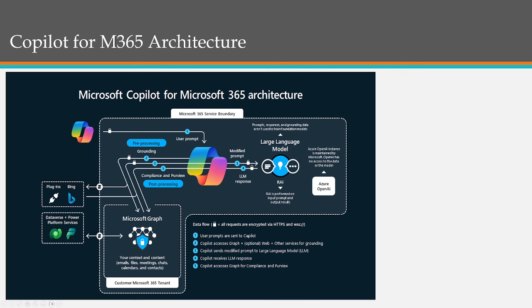That is step number one. Number two, it goes to the plugin or the internet. Then it goes to your Dataverse, which is a Dynamics 365 database. It searches all your emails or files. Is there any course management information? If not, it uses the AI.